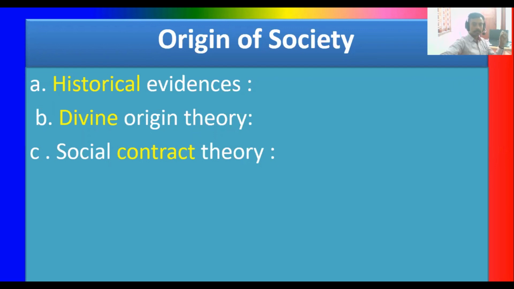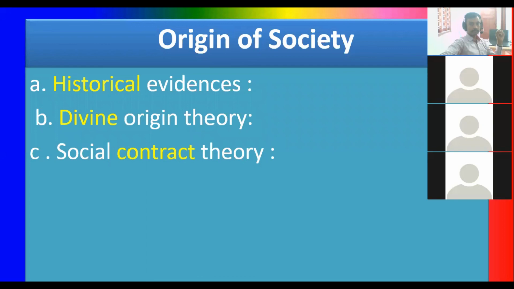See, social contract theory. Contract means agreement. This theory emphasizes that society was created by agreement between social components or institutions, educational, economic, religious, political, aggregated with each other to form a society.